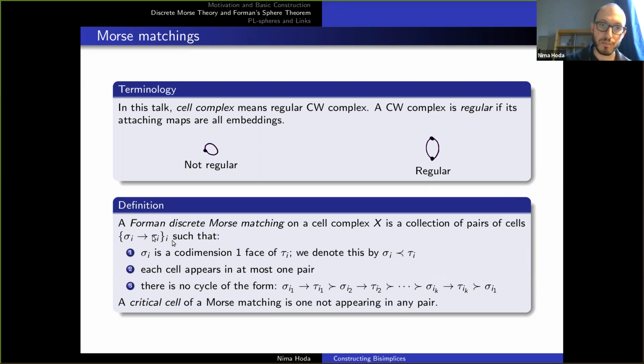Okay, so I'm going to define a Forman discrete Morse matching, which is essentially a discrete version of a Morse function.